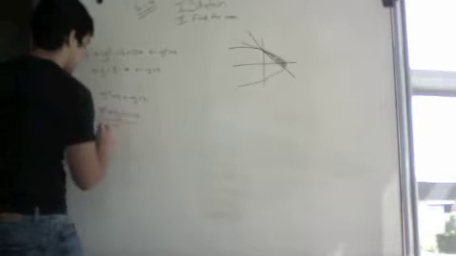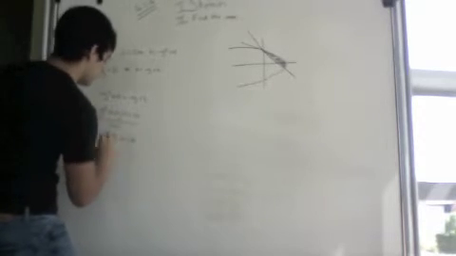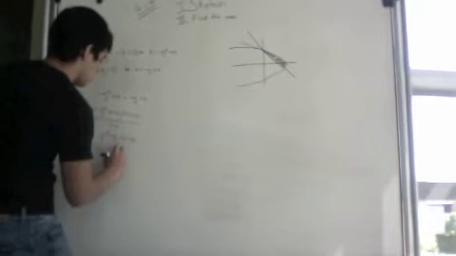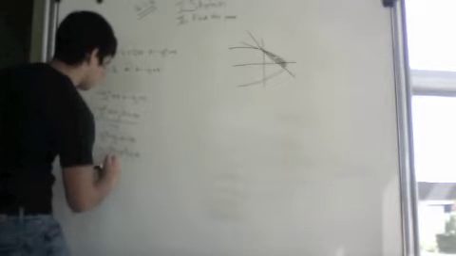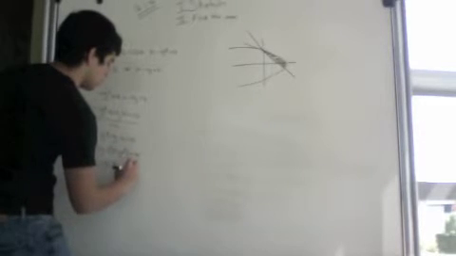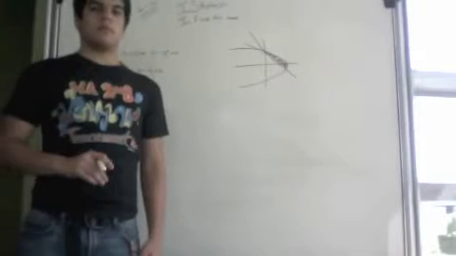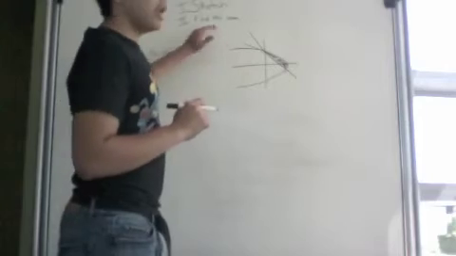And if we divide this by negative 1, we have y squared minus y minus 2 is equal to 0, and we can factor this, where y minus 2 times y plus 1 is equal to 0, and we have that y would be 2 or negative 1. So this point here would be negative 1, and this point here would be 2. So now that we have our graph, now we can find the area.